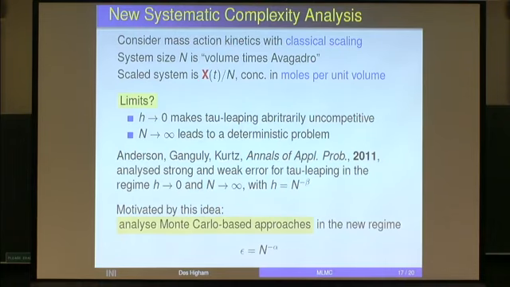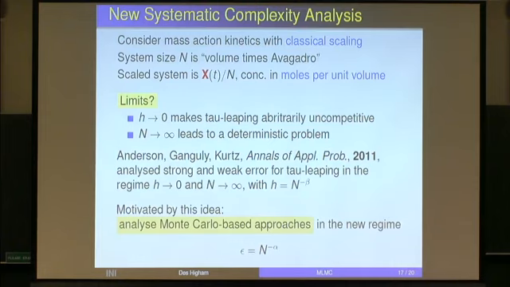If we fix the problem and let h go to 0, then ultimately tau leaping works harder than exact simulation. So that's not a sensible thing to analyze. If you let the system size go to infinity by itself, the problem becomes deterministic, and again, that's not sensible to analyze because you can just solve the ODE and get the solution.